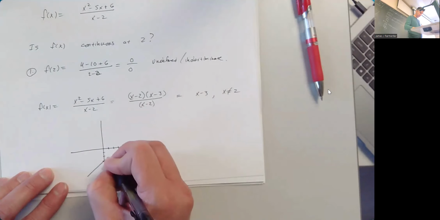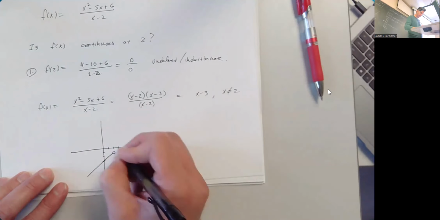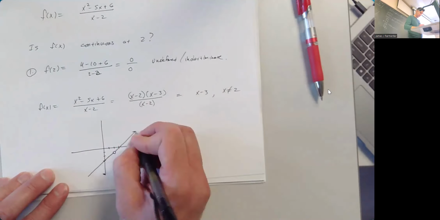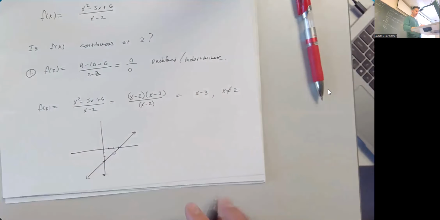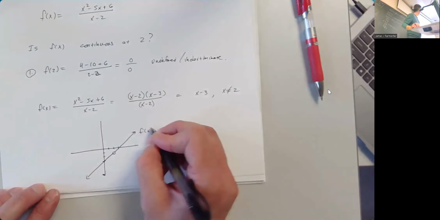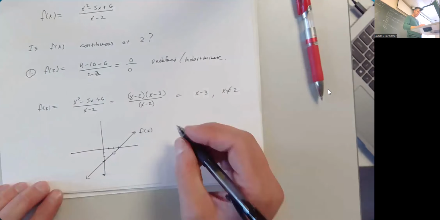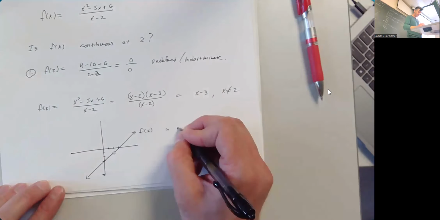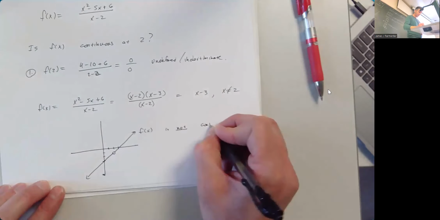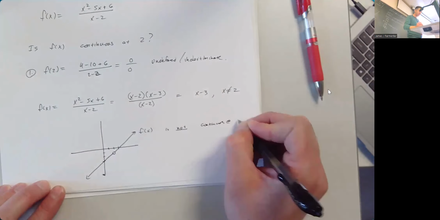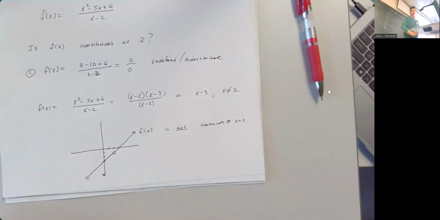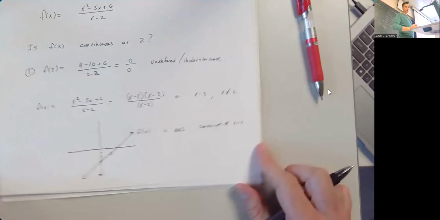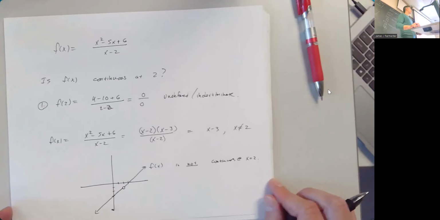Except when x is 2, undefined. So this is what that function would look like. And definitely, it is not continuous at x equal to 2. Here are some words I would say about this function. This function is discontinuous.